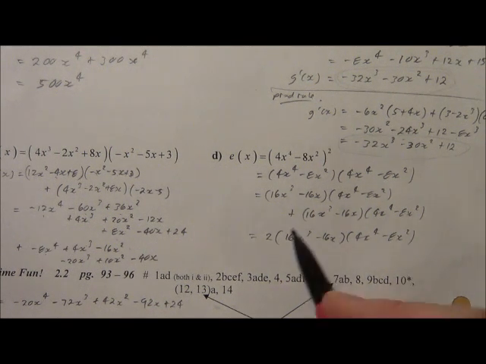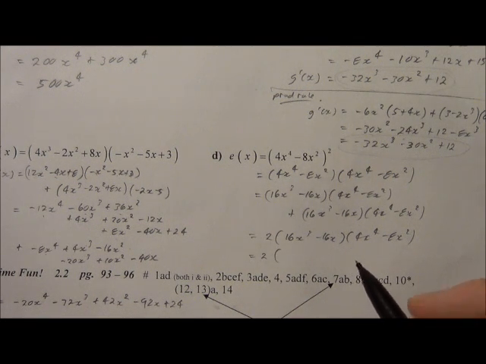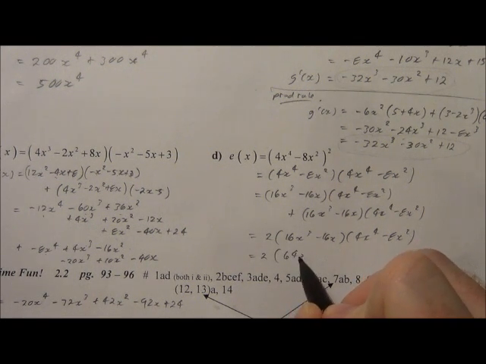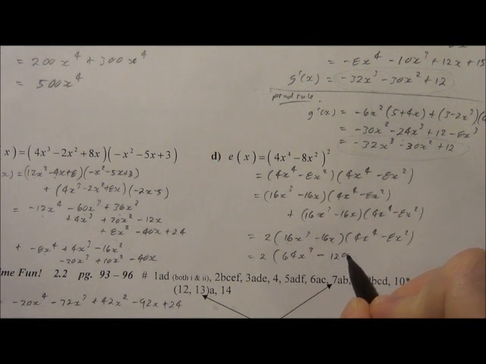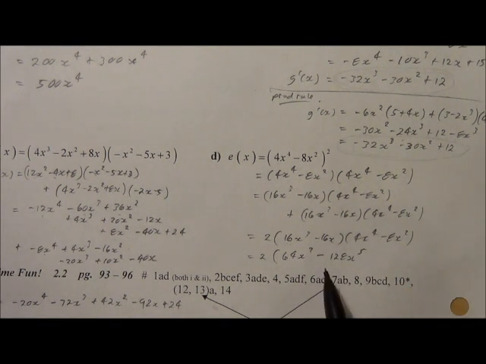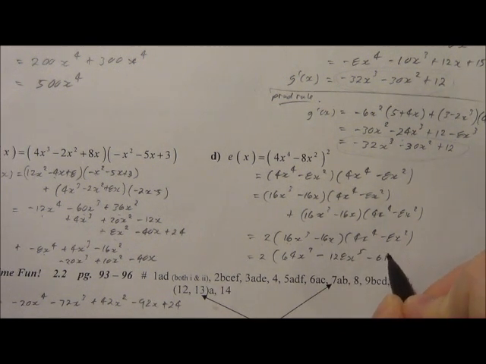And then we just expand all this stuff out. So 16 times 4, I believe, would be 64x to the power 7, minus 16 times 8 is negative 128x to the power 5. Then we got negative 16x times 4x to the power 4, so we get negative 64x to the power 5. And then negative 128x cubed.